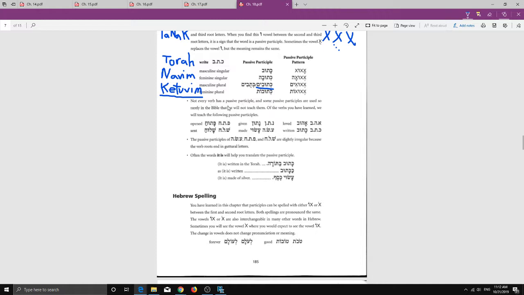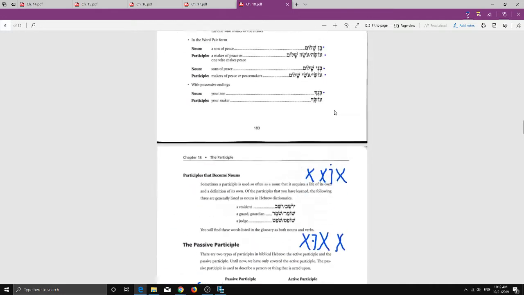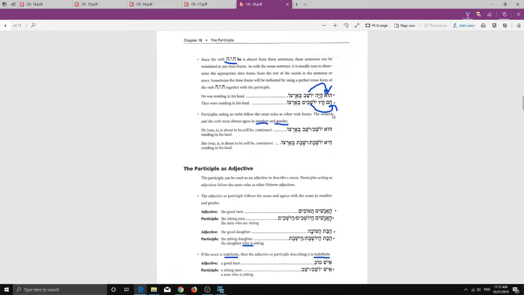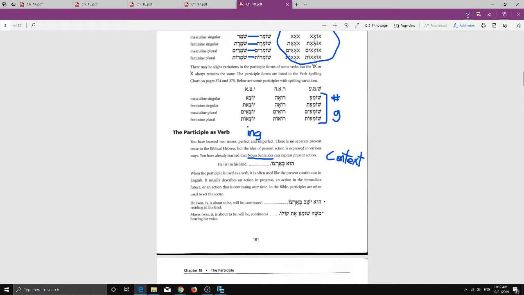So not every verb has a past participle, and some are used so rarely that this book isn't going to really teach them. I think the major thing I would like you to do is to memorize both the passive and the active forms, down there on page 185 and up here on page 181.